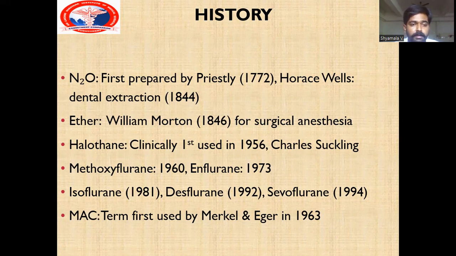And ether is also a well-known name for everyone, like nitrous oxide. William Morton used it in 1846 for surgical anesthesia. I think it was a jaw surgery to remove a jaw mass.